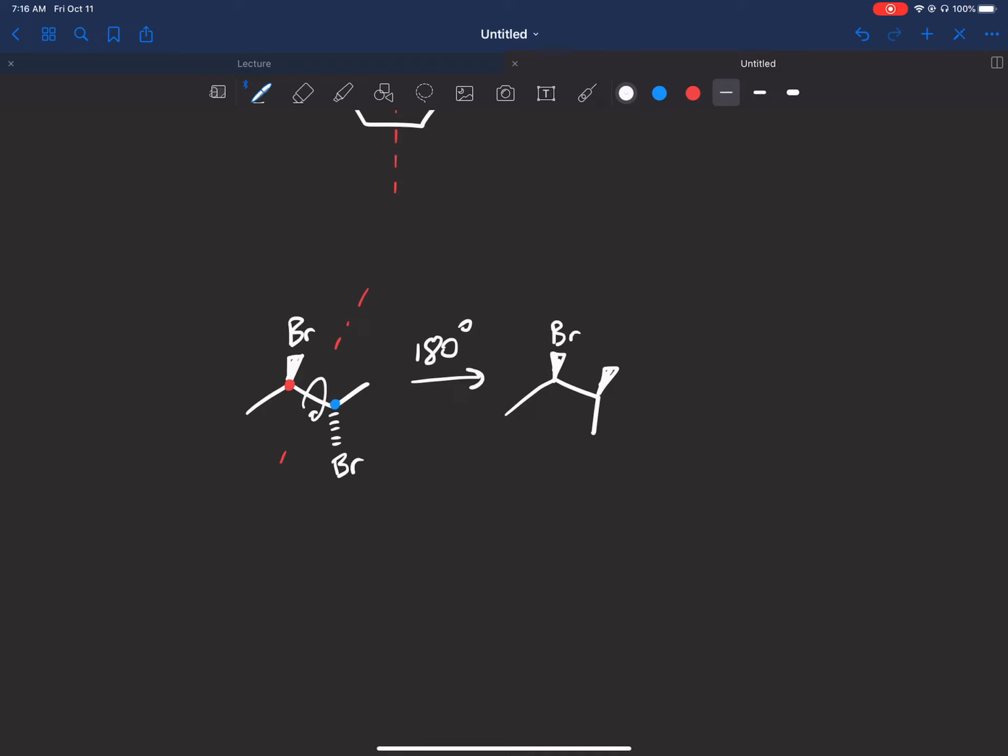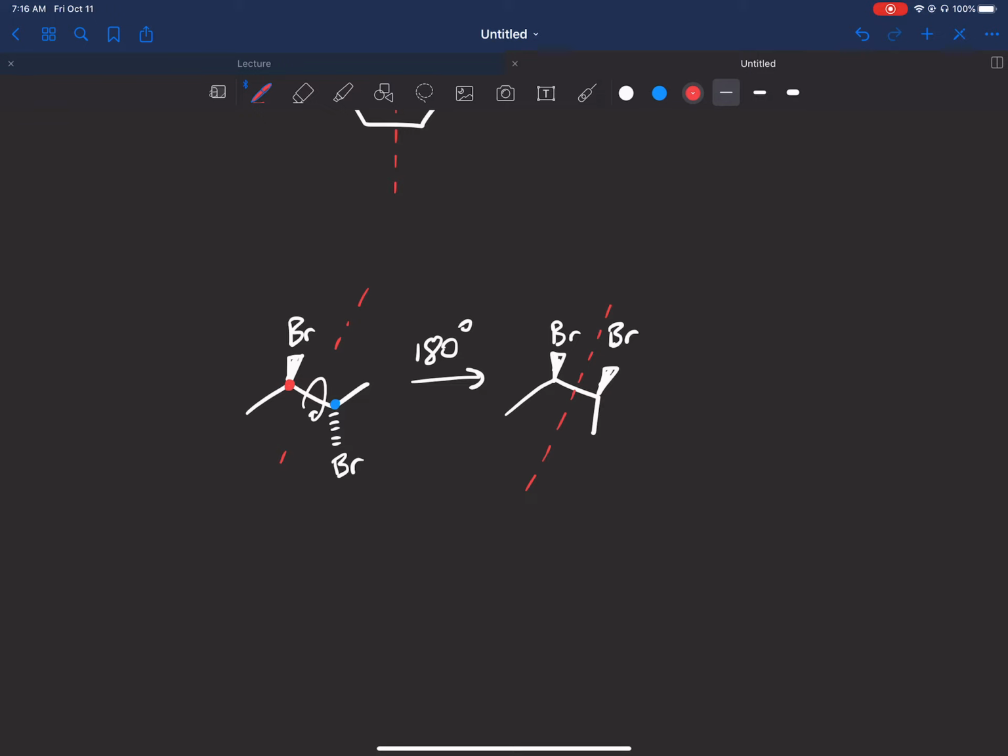So take your pencil, point it on a downward angle away from you, and now do a 180 degree turn. You can see that it's going to now be pointed up and directly at you. And so now we can write our Br as up and at us. And now we can draw a little mirror, and you'll see that we actually do have a plane of symmetry.